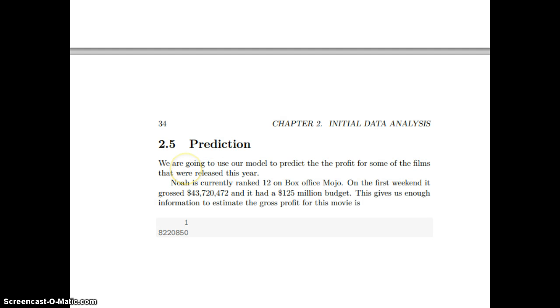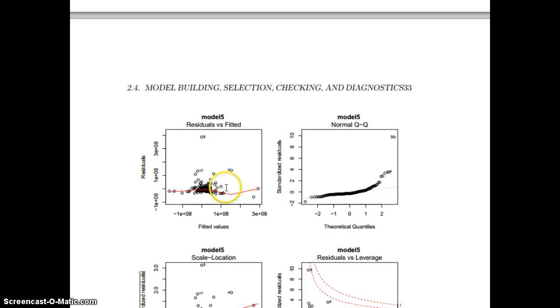Then I try making some predictions based on the model that we got, the 5th model, the one that only uses 2 variables. I tried to predict Noah, which is ranked 12, which I figure is close enough to being one of these, not necessarily the top one, because obviously our model doesn't apply to really high grossing movies.